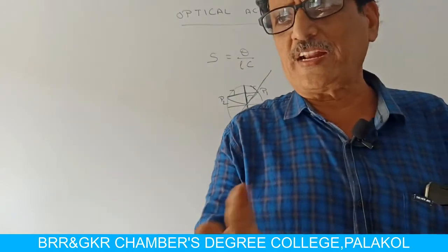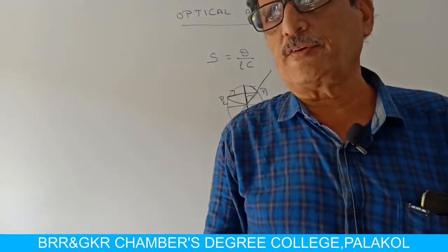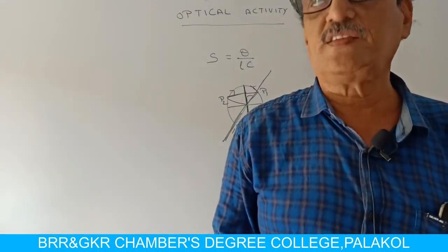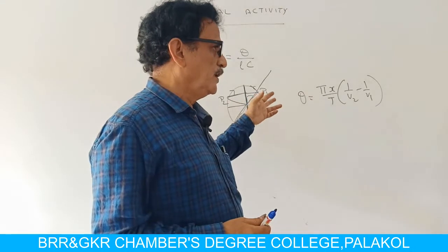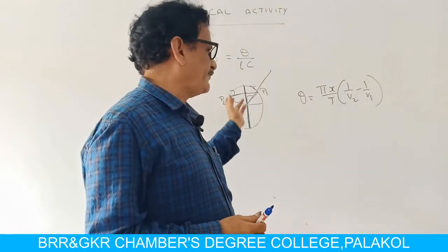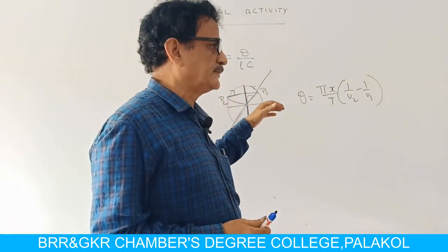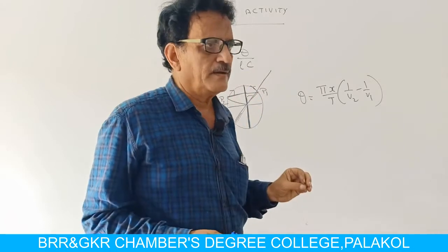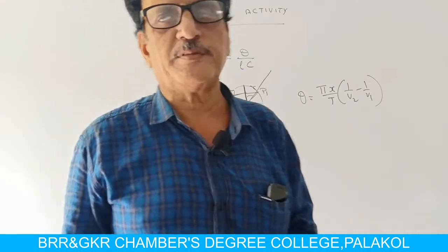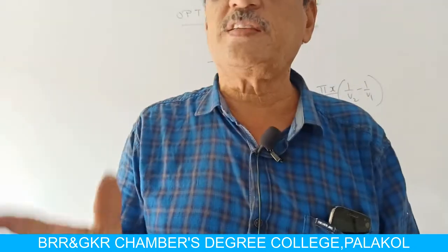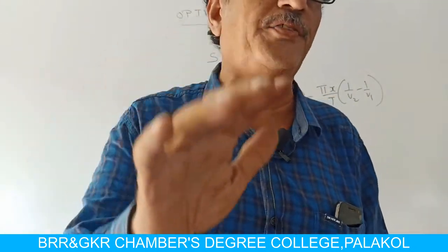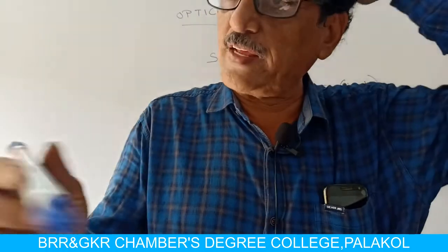So, the cause for optical rotation is the different velocities of right-handed and left-handed components in optically active substances. The linear vibration is supposed to be the resultant of two circular vibrations on the same circle.